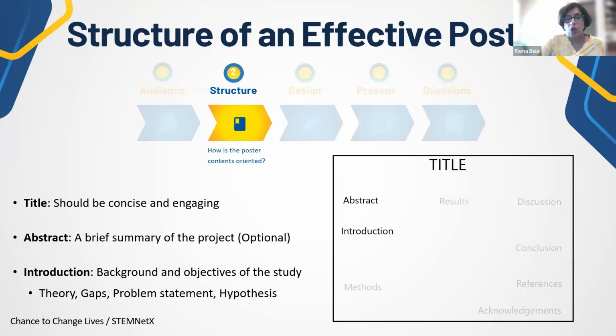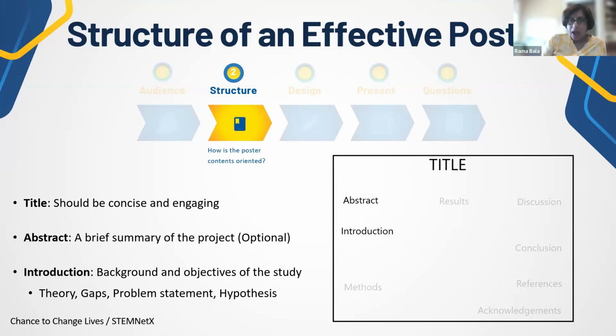All of those would go into the area adjacent to the title. And as I mentioned, the title should be engaging and most often gives the audience an idea of what this research is about and what is it telling, the crux of your research.